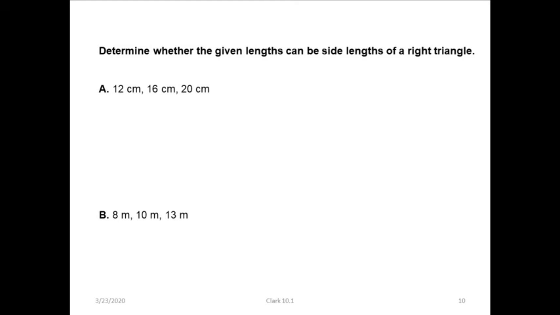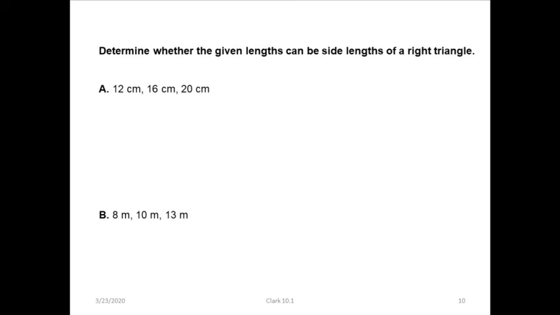Let's identify first what are the corresponding lengths of your a, b, and c in a right triangle. The c is always the longest side in a right triangle. What is the biggest length of sides in these three? We have 20. So therefore, c is equal to 20. Your a is 12, your b is 16.